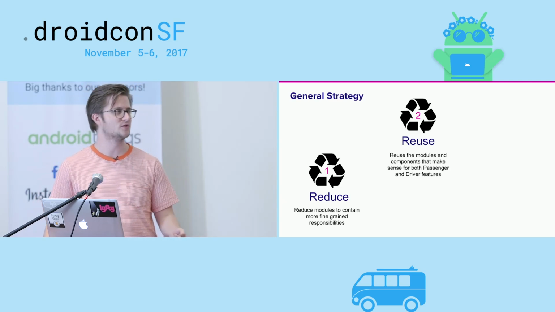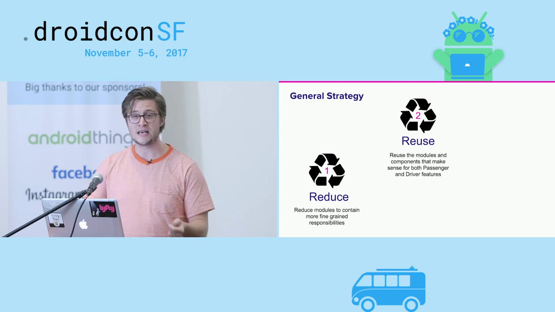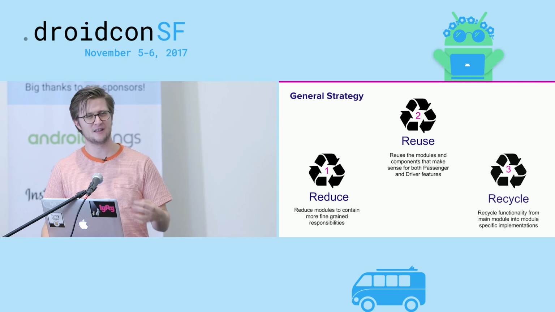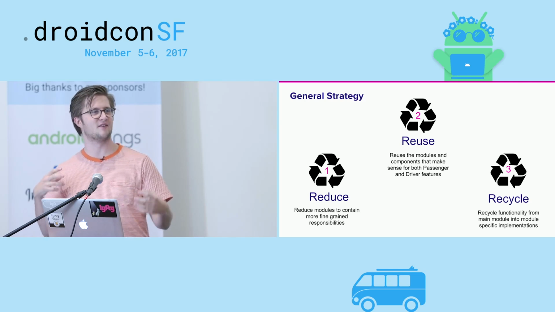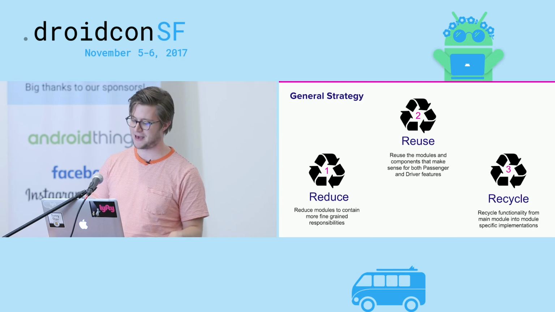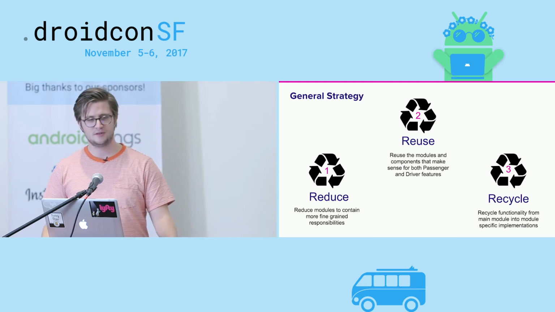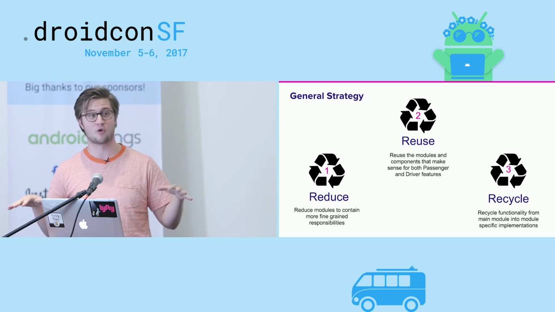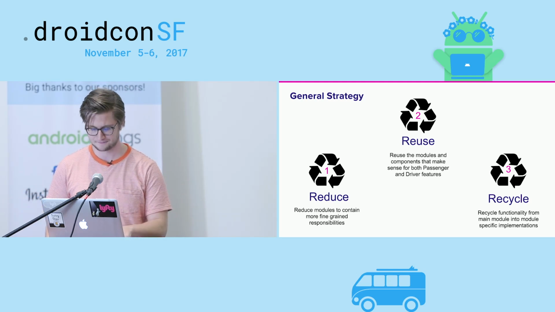So those common modules, only ensuring that we have only common code and common components in those modules. And finally, recycling. When I think of recycling, I think of melting something down and distributing it out in a more distributed manner. And so we wanted to take some of this main monolithic module and turn it into something a little smaller, distributing some of the functionality that it had across more shareable modules.